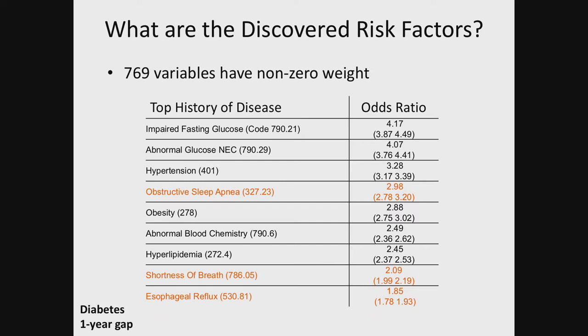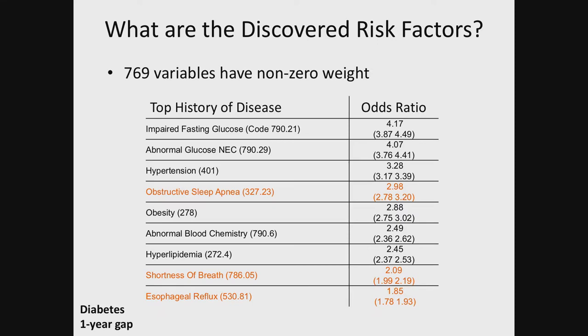But there are also many things that are a little bit less obvious. For example, here we see obstructive sleep apnea and esophageal reflux as being chosen by the model to be predictive of the patient developing type 2 diabetes. What we would conjecture is that those variables, in fact, act as surrogates for the patient being obese, because obesity is very seldom coded in commercial health insurance claims.